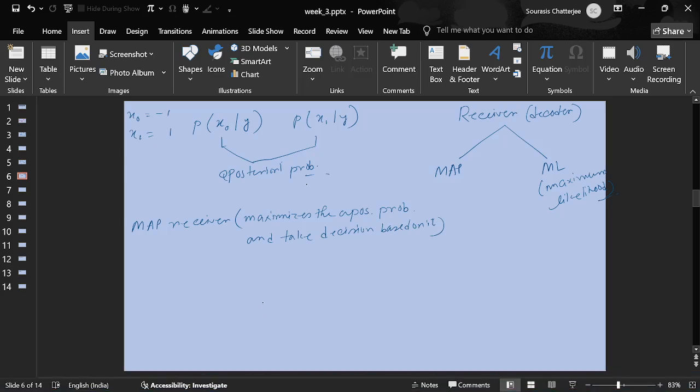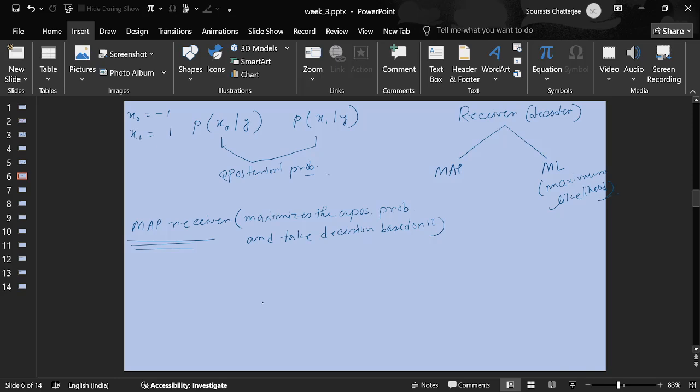So I give you this one line. Now I would ask you, what is the task of the MAP receiver in the question given? I told you that it maximizes the a posteriori probability and takes the decision based on it. And I also told you these are the two a posteriori probabilities for our case, because it's BPSK, either -1 or 1 is transmitted. So what do you think is the principle of the MAP receiver based on these three pieces of information?